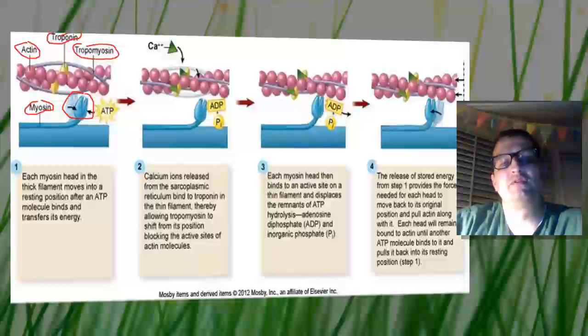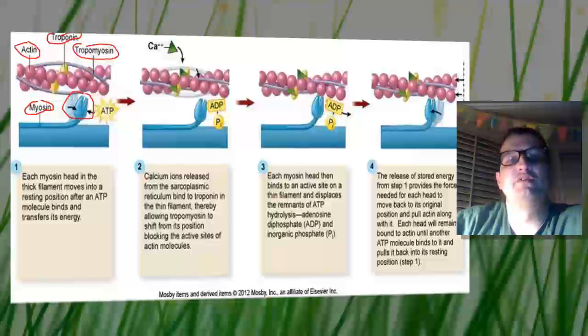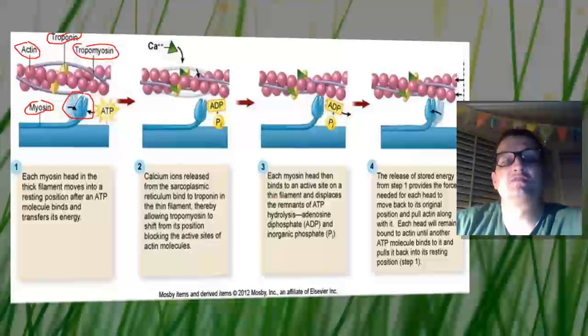What's important to remember is that the ATP connects to the myosin head and allows that to move into a resting position. So this is the resting position of the myosin head. Calcium comes in and connects to troponin. Troponin then rotates and moves the tropomyosin into a position where the actin is exposed.